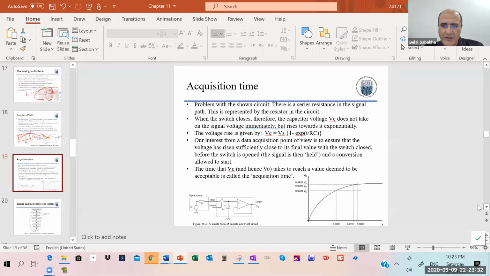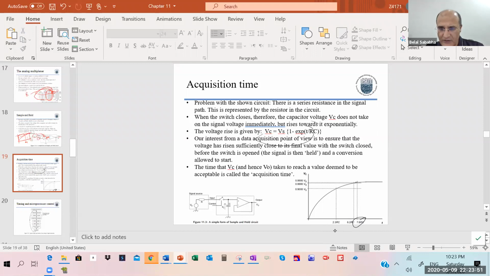So usually the acquisition time can be computed using this formula, and it depends on the R and C. Usually you get to 100% in 7.6 RC time, while you can reach 90% of the signal in half of this time, 2.3 RC. See how big the difference is.